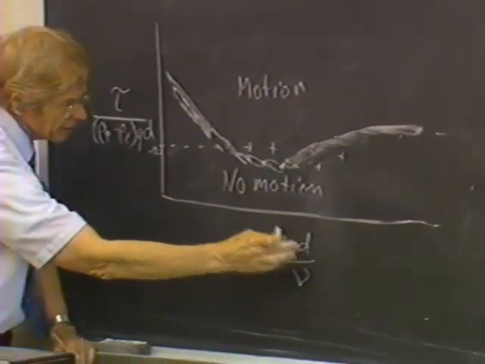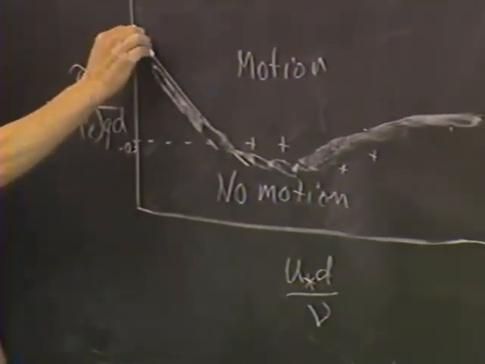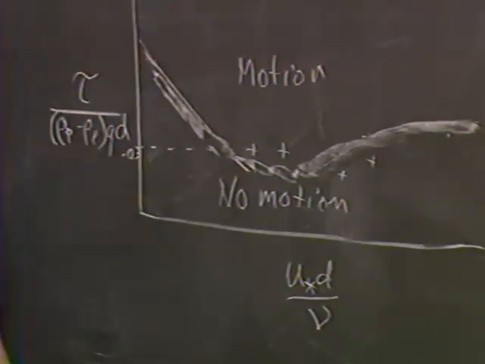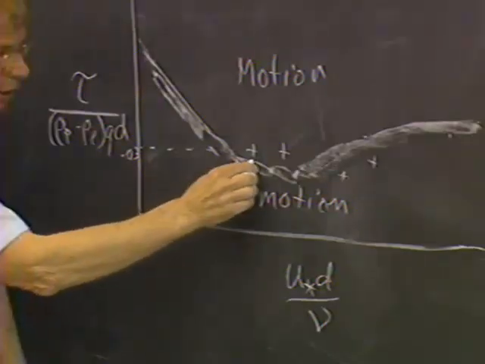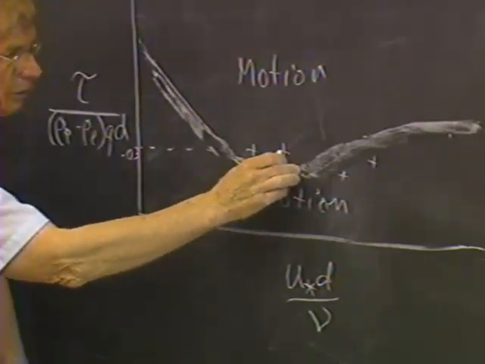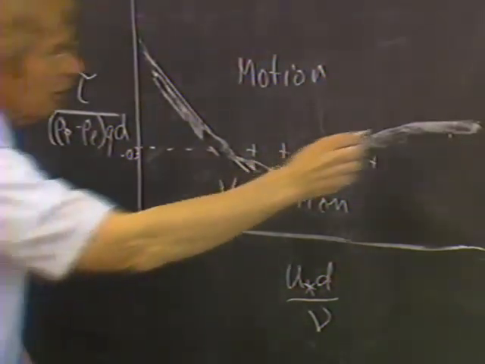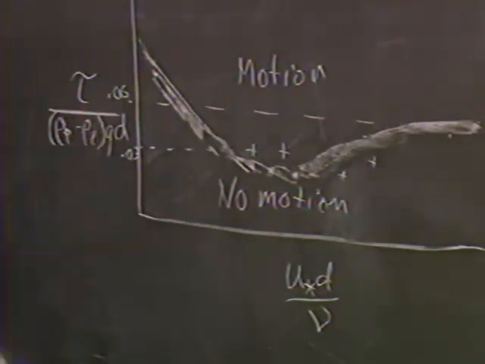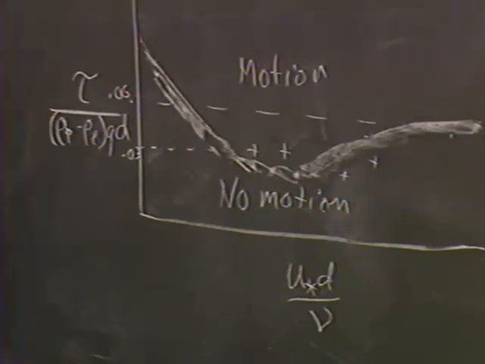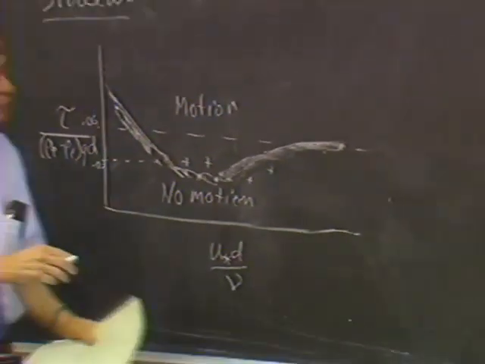Up here, the water is moving in elliptical orbits, but on the bottom it just moves back and forth. It does so with zero velocity at this point, a maximum velocity in the middle, and then zero velocity in the reverse direction again. So if motion is going to occur, it's going to occur at this maximum velocity.